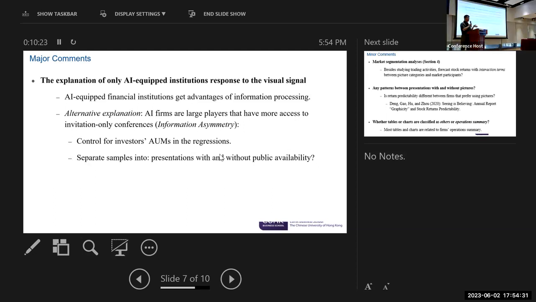So you have these different samples. If you can find consistent patterns between these two groups, then I think it will be very convincing, because it reduces the information asymmetry concern, since retail investors can also access those publicly available presentation slides.